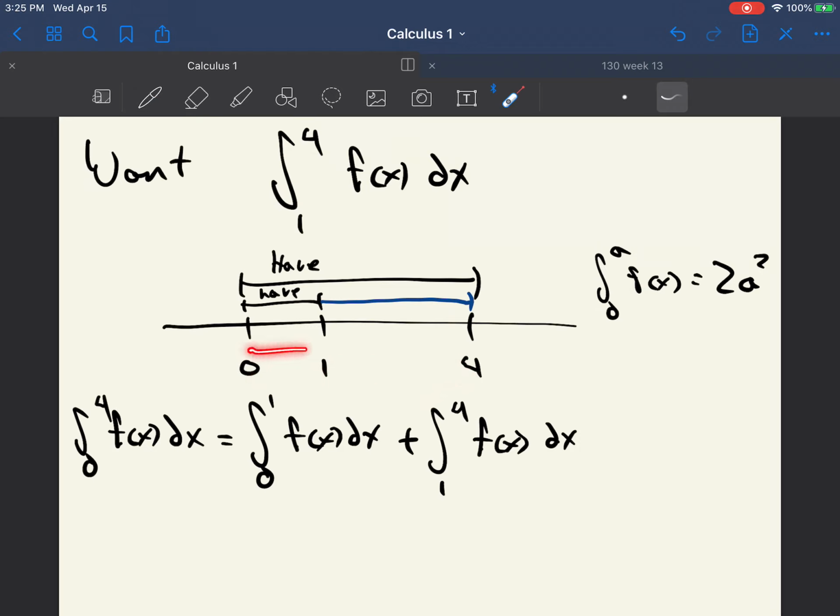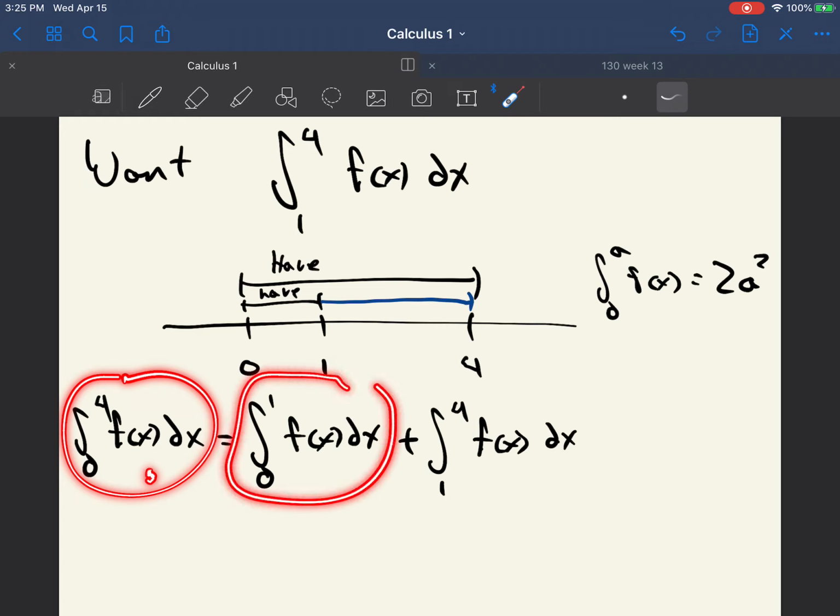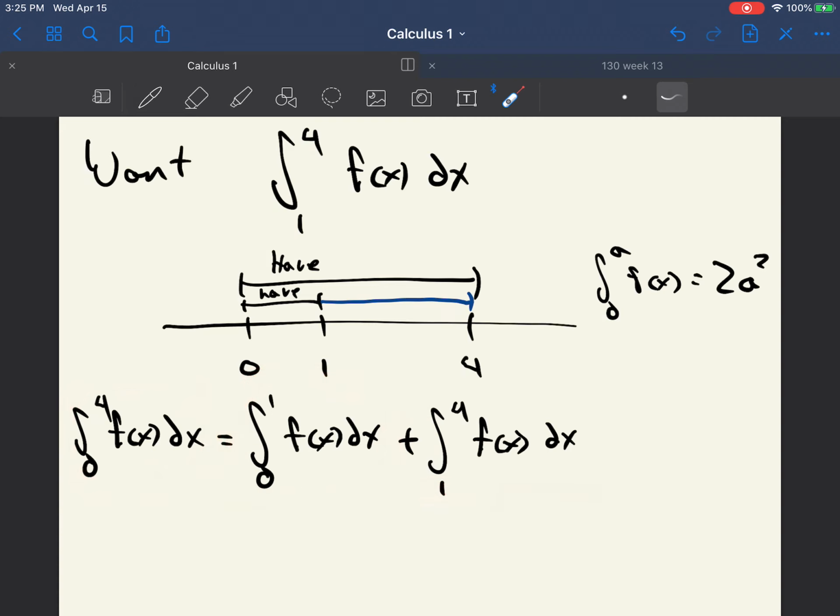So if I want to go from 0 to 4, I can just go from 0 to 1 and then from 1 to 4, right? So integrate from 0 to 1 plus integral from 1 to 4, right? And that gives me this full integral from 0 to 4. So now notice we know what this number is, right? We actually calculated it on the previous page. We also know what this number is, right? We also calculated that on the previous page. And this number is what we're looking for.